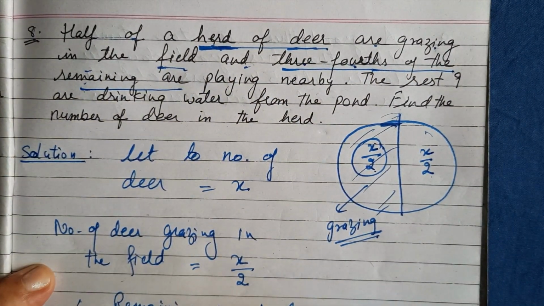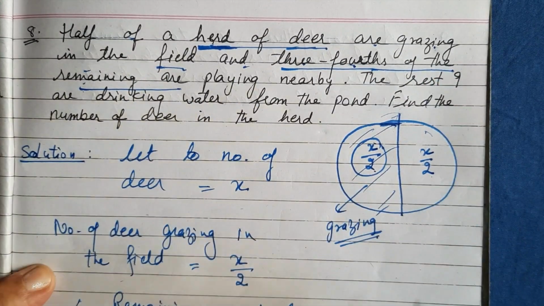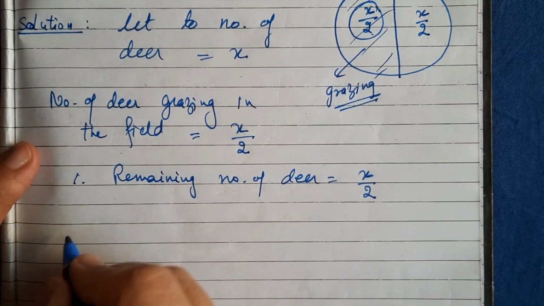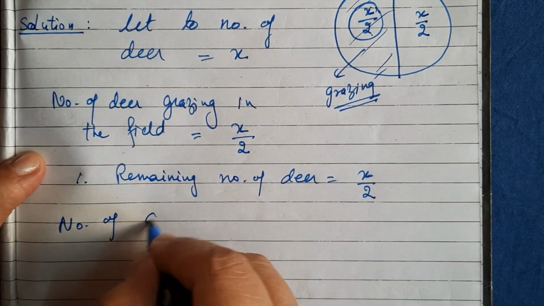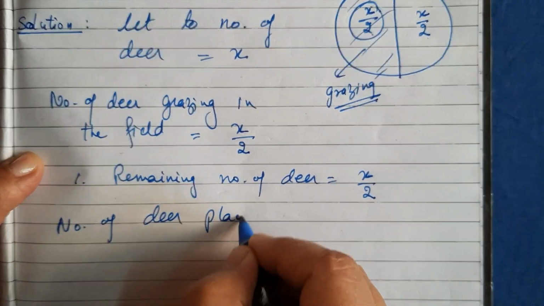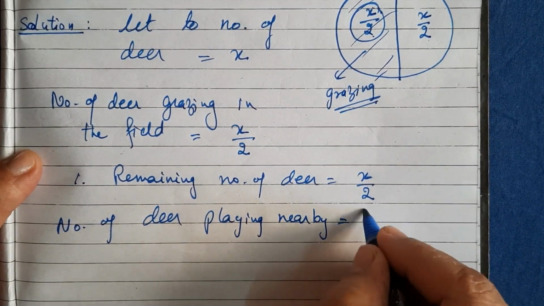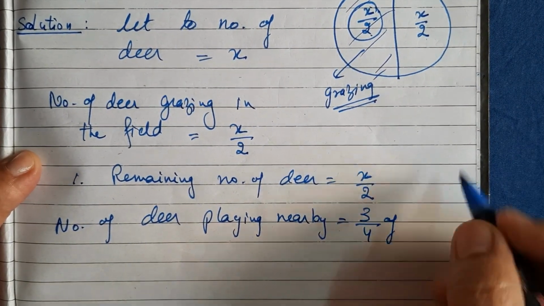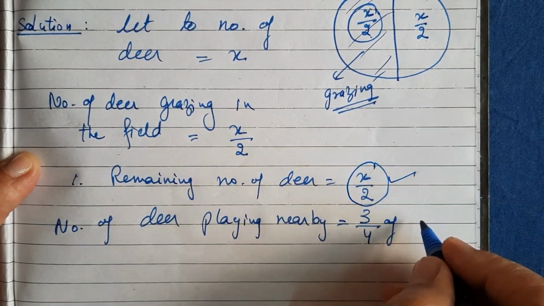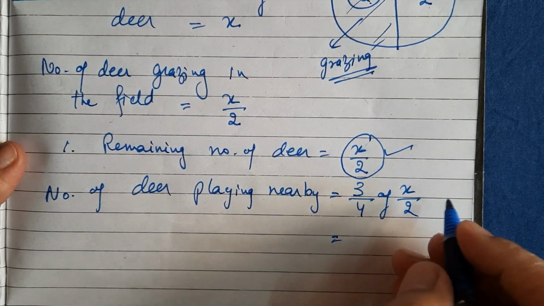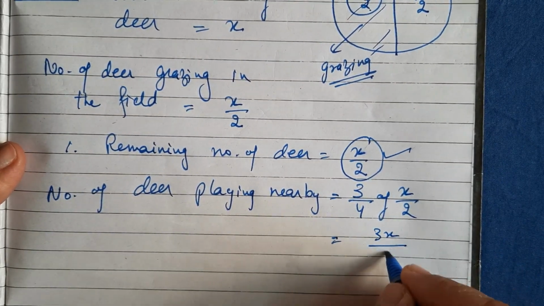It means this is the remaining, so 3/4 of this remaining are playing nearby. So the number of deer playing nearby, 3/4 of remaining, this remaining being x by 2, is 3x upon 8.